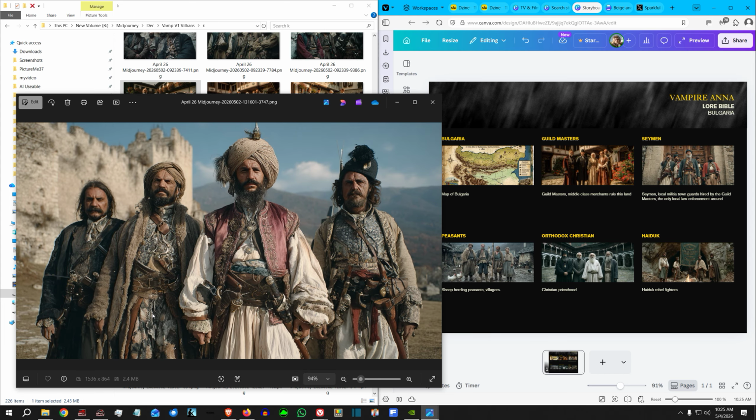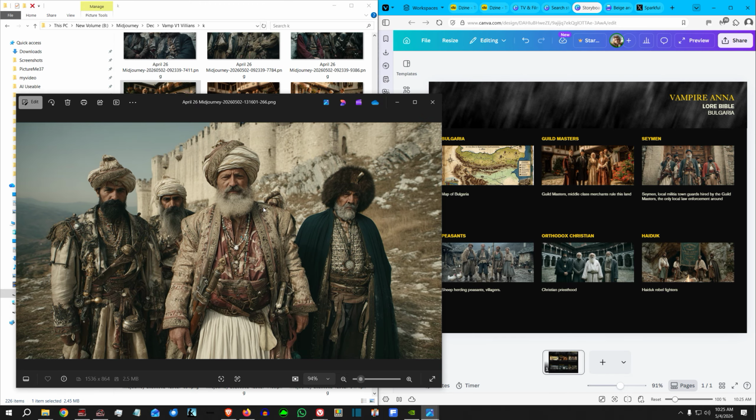And these again, the Ottoman raiders, they were flamboyant, or they're just criminal, pillaging a foreign land, and yeah, they don't care at all.